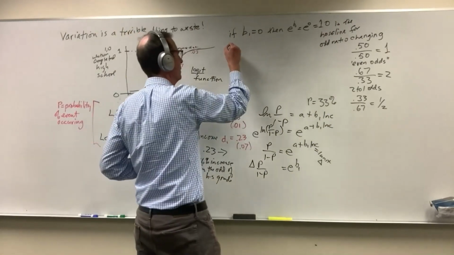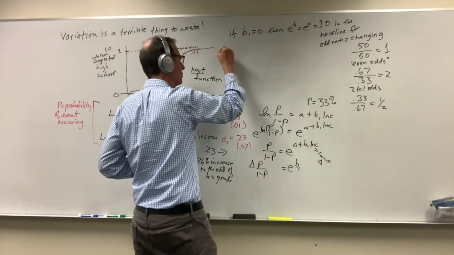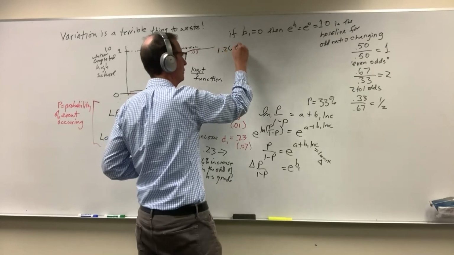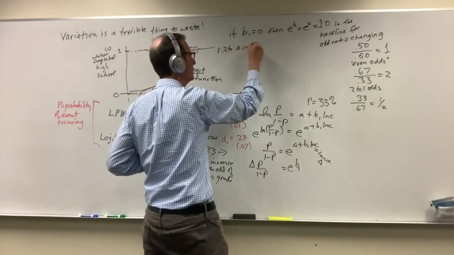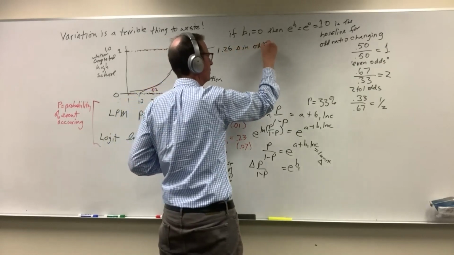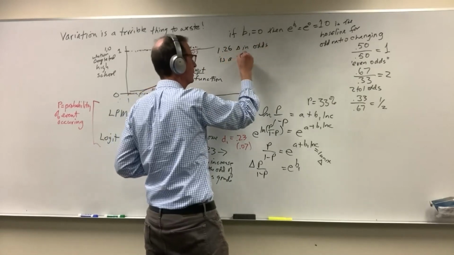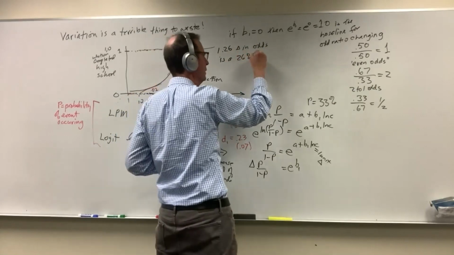Going from 1 to 1.26 is a 0.26 change in odds, which is a 26% increase in the odds.